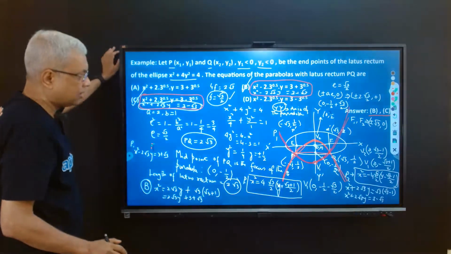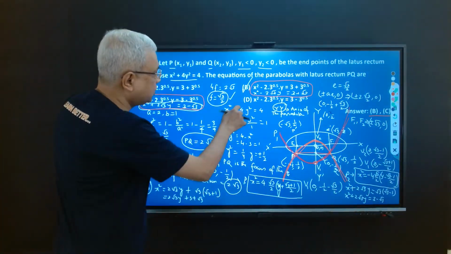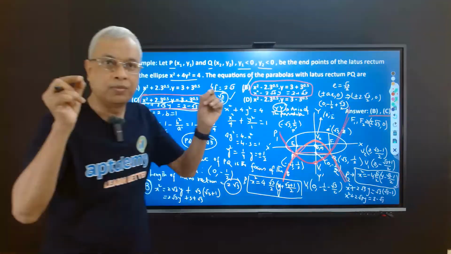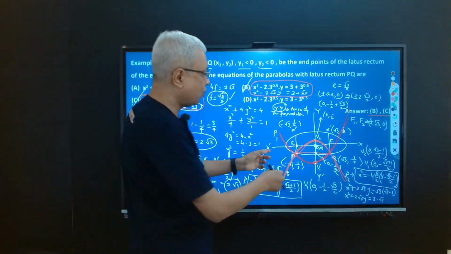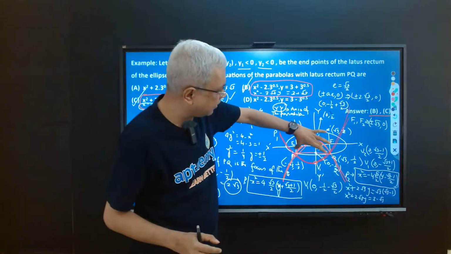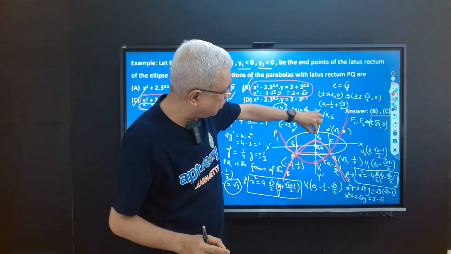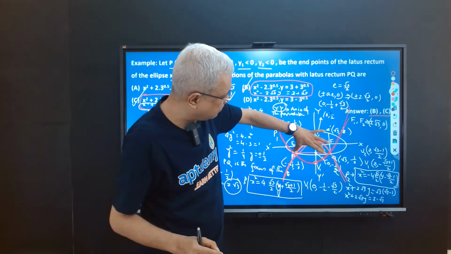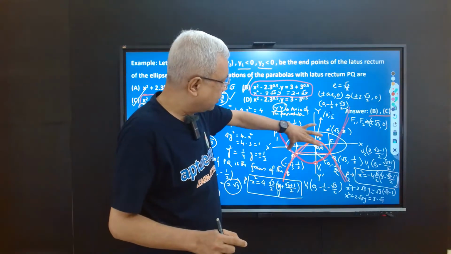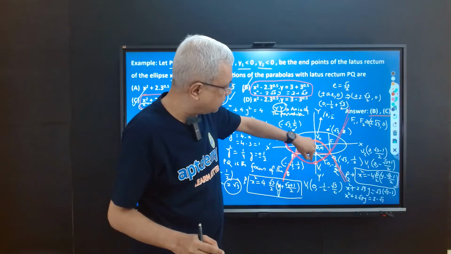Here, we started with the given equation of the ellipse, determined the coordinates of the focus, and drew the latus rectum. PQ is the latus rectum of the intended parabola, so the midpoint of the latus rectum is the focus.